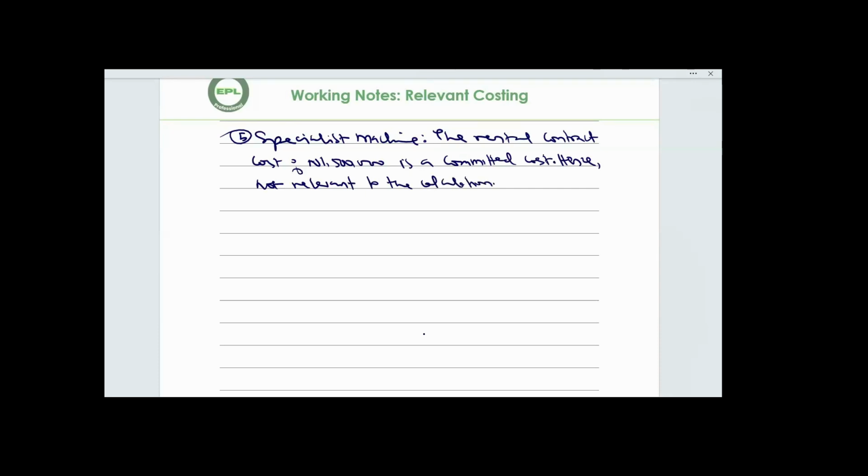So irrespective of the decision taken on these contracts, the company must pay that 1,500,000. So it's a committed cost. Any lease cost is a committed cost.